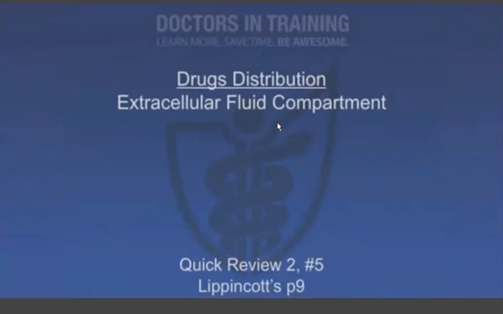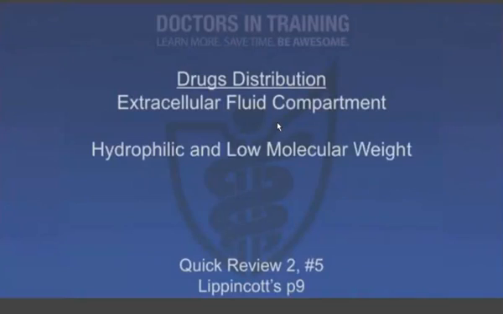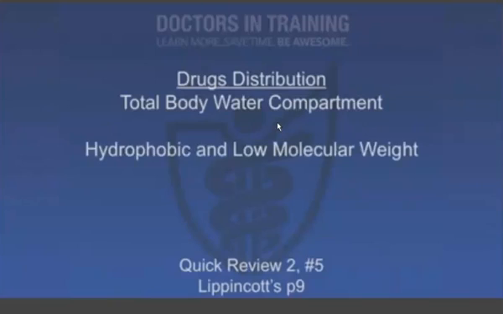Drugs that distribute into the extracellular fluid, the extracellular volume, we said was 1/3 of the total body water. So drugs that can get there are hydrophilic drugs, water-loving drugs, drugs that dissolve very easily in water, and low molecular weight drugs, so they can get through the capillary beds and get into the extracellular volume. And total body water, these are hydrophobic drugs and low molecular weight drugs.